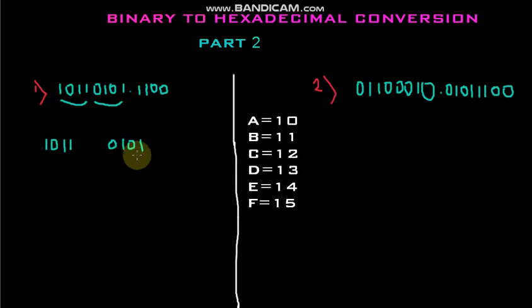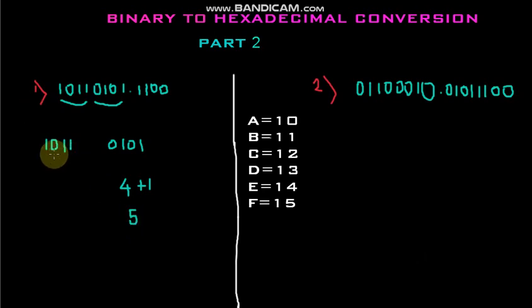So 0101, on converting, we get 1 into 2 raised to 0, which is equal to 1, plus this term gets cancelled because 0 into anything is 0, plus 1 into 2 raised to 2, which is equal to 4, and this term also gets cancelled because 0 into anything is 0, and hence here we get the decimal number 5.